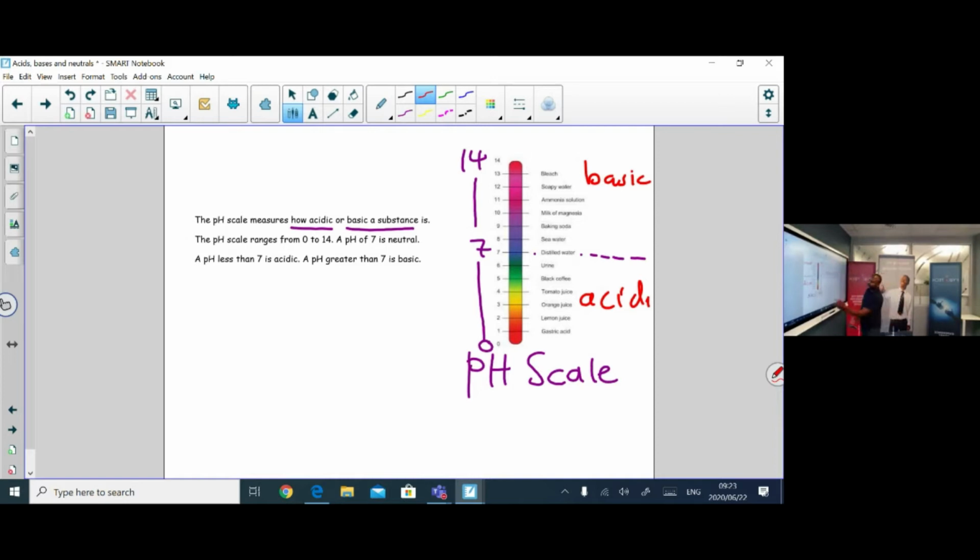Here are good examples of our acidic substances. Gastric acid: where do we find gastric acid? In our stomach. Then lemon juice, orange juice, tomato juice, and black coffee, which is less acidic. I've got a good color shading.